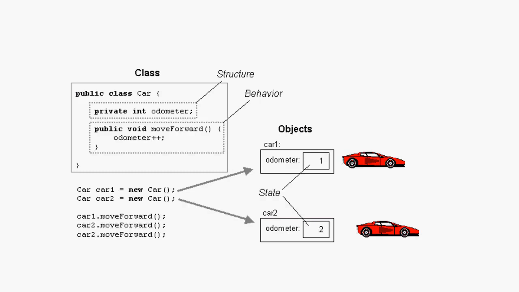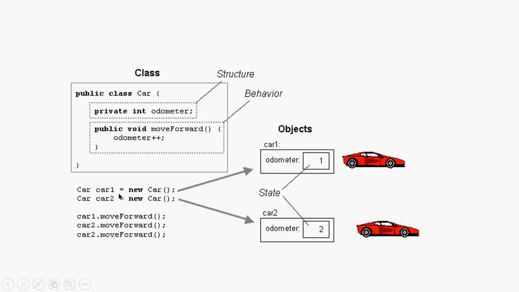But there is always a default constructor provided for every class by C#. You can see there is no Car method inside the Car class, because C# or Java provides it automatically by default.